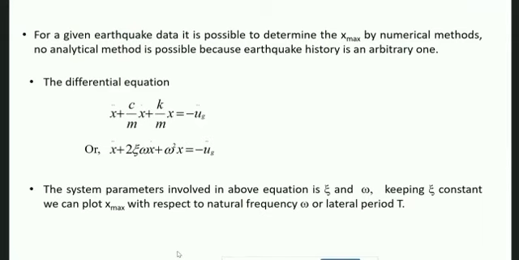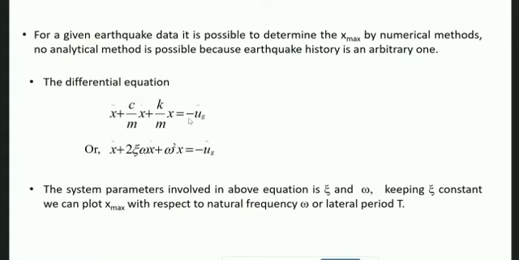Now the point is that this ug double dot is not a harmonic function. In fact, it is so sporadic that it is very difficult to express through any mathematical function. If at all it can be expressed, it has to be expressed by a Fourier series, which will be a very complicated form.